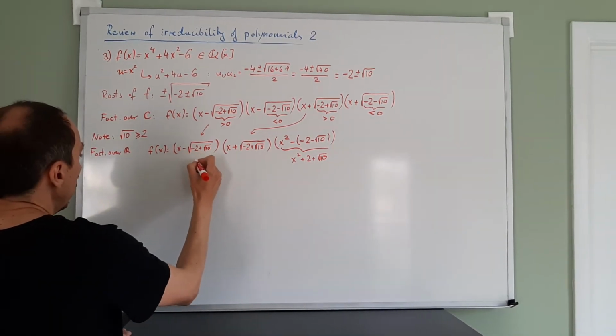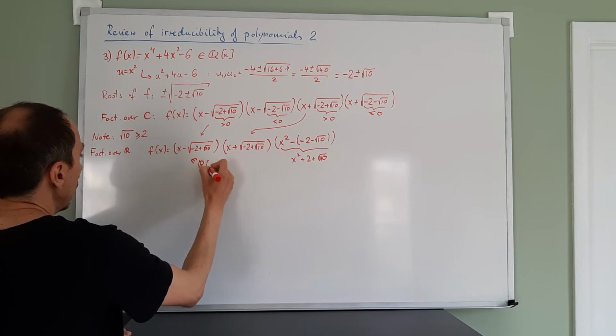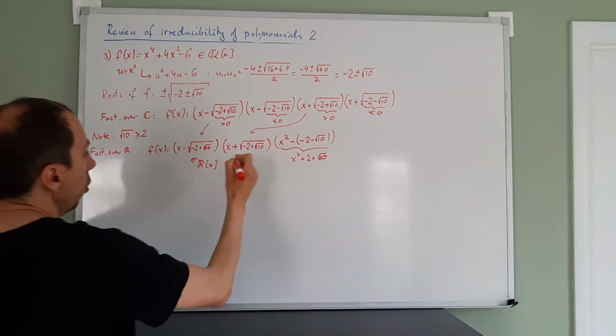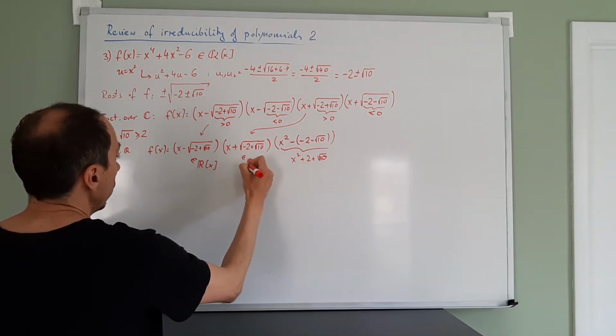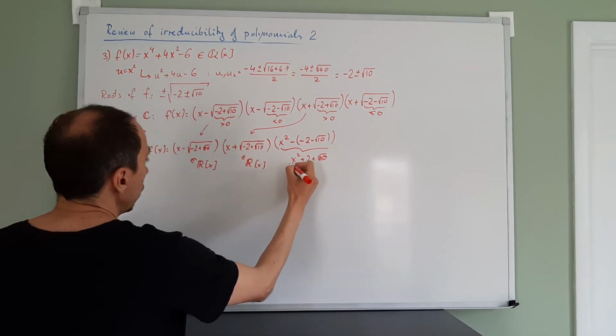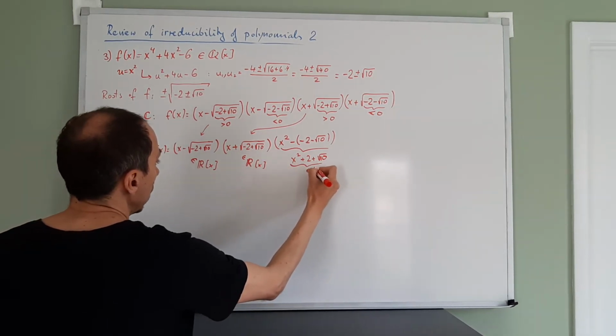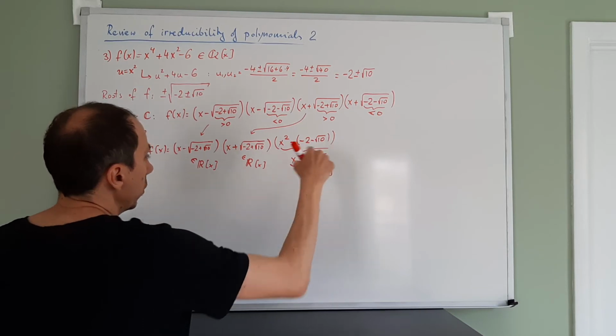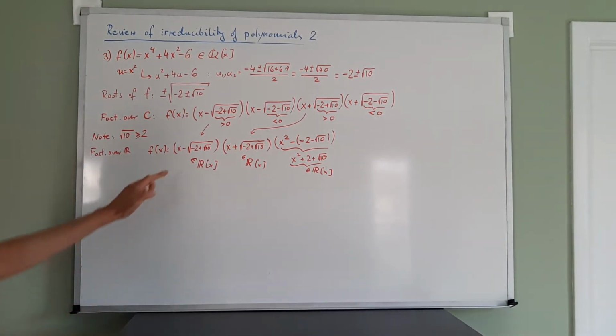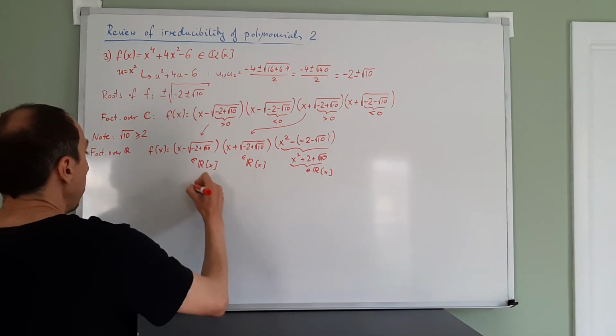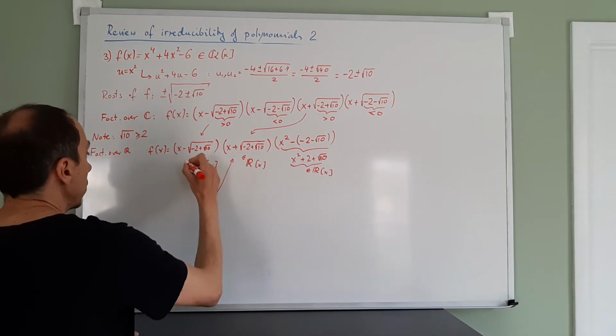Clearly, note this bit has coefficients in R, this also, and so does this, right? Because radical 10 is a real number. These are irreducible over R because they are degree 1, this and that.